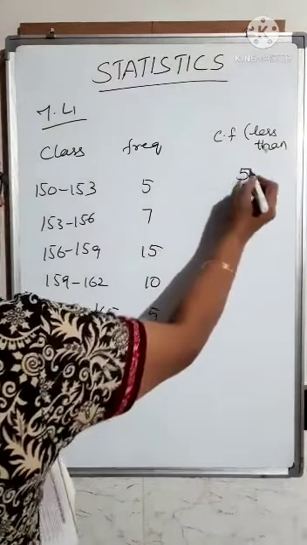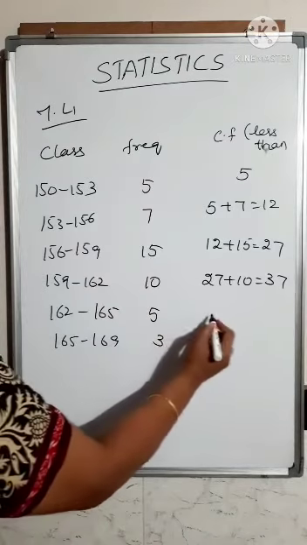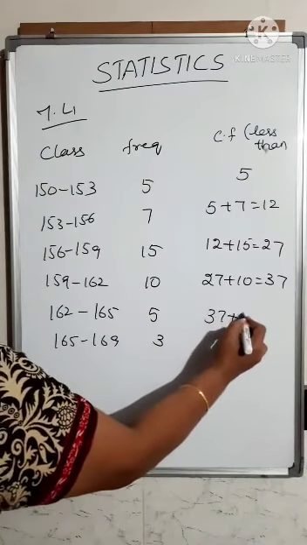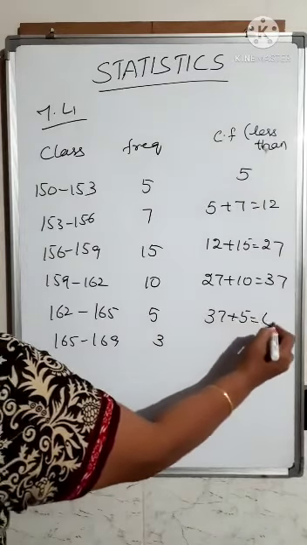The next step, you add 27 to 10, so you get 27 plus 10, which is equal to 37. Then add it to this, you get 37 plus 5, which is equal to 42. The next step, you add this one, 42 plus 3, which is equal to 45. So this is how you prepare the cumulative frequency, the cumulative frequency less than type.